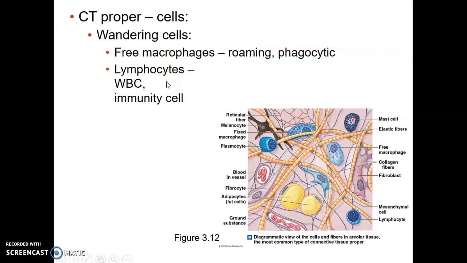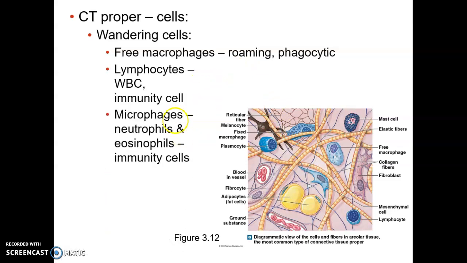Lymphocytes, another type of white blood cell, an immunity cell, also move in and out of connective tissue, transported again by the bloodstream. And macrophages, neutrophils and eosinophils, yet another type of white blood cell, immunity system cells. Again, cells that enter and exit connective tissue, transported by the cardiovascular system by the blood supply.